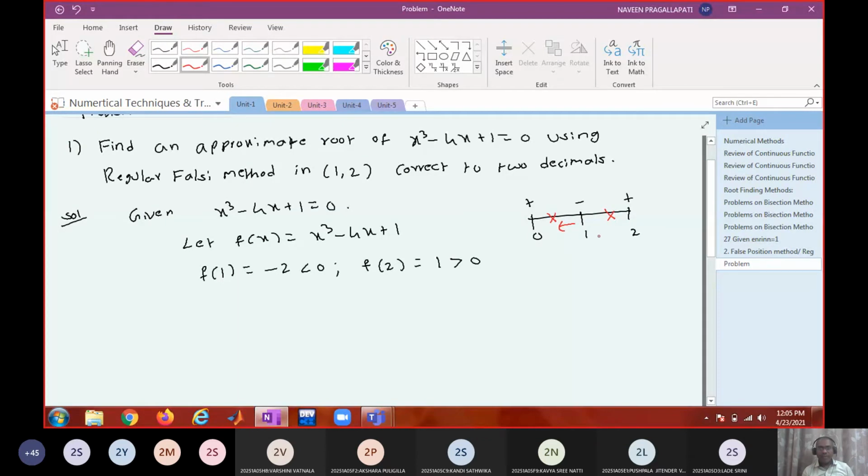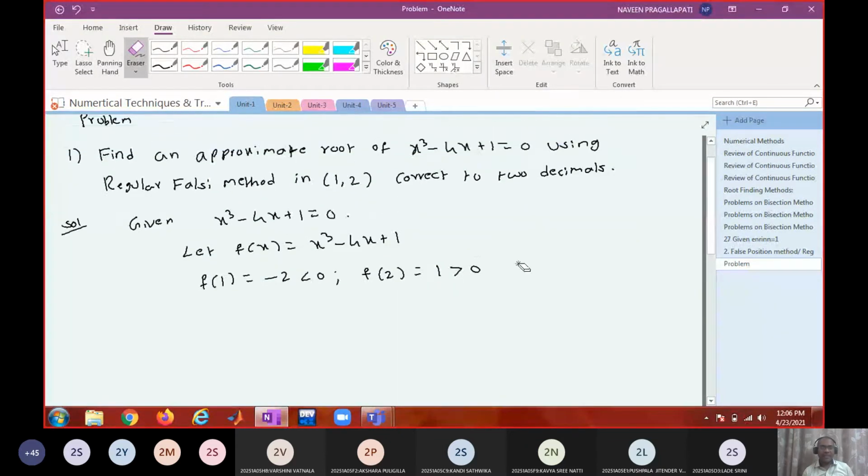If you take 1 to 2, that will lead to another root. Do you understand this point? In our case we have taken 1 to 2. You are asked to give the root in the interval 1 to 2, so apply the bisection method or false position method by taking this as the initial interval.